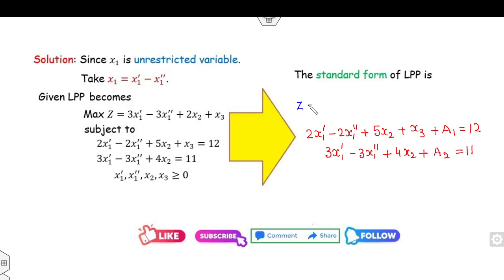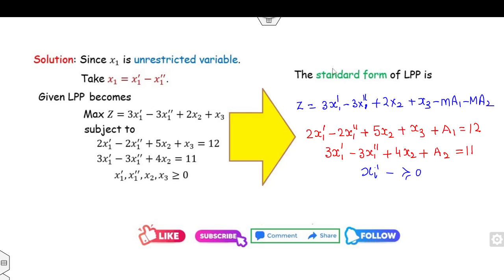And your objective function is 3x1' minus 3x1'' plus 2x2 plus x3 plus a1 minus Ma1 minus a2. Fine. And all those variables are greater than 0.